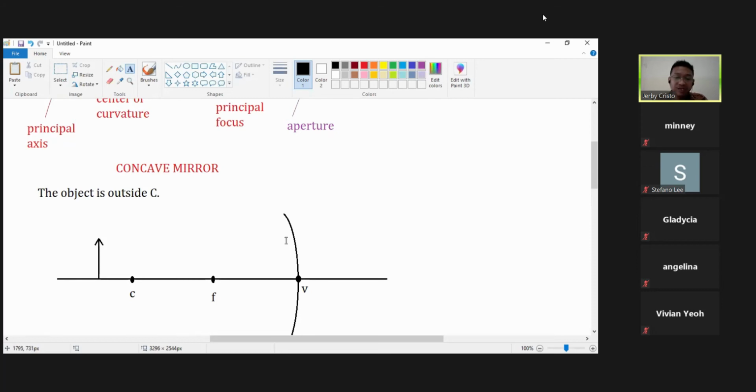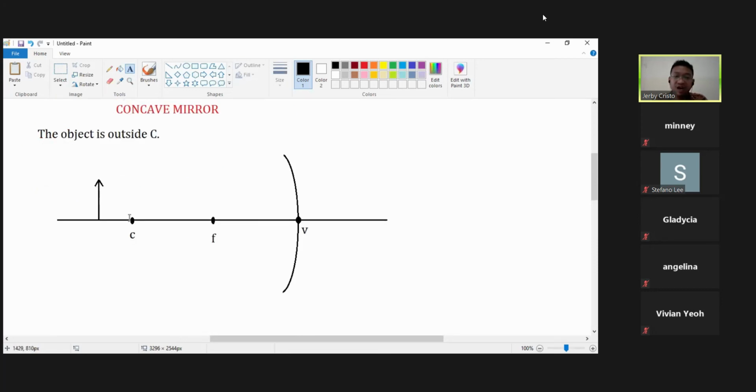How do we present the ray diagram when the object is outside point C? How do we describe the image form? In order to identify the image form, let's do the ray diagram. When we do ray diagramming, you do 2 sets of incident and reflected rays. For the first set, the incident ray is coming from the head of the object and striking the reflecting surface.